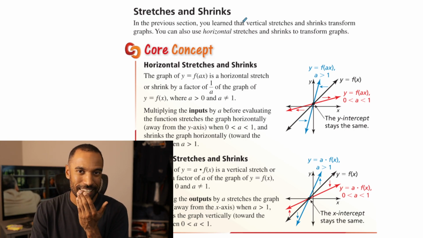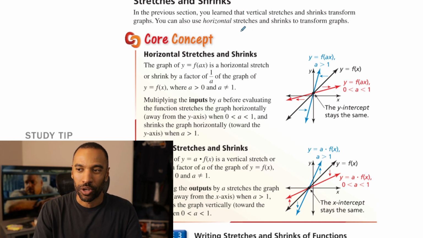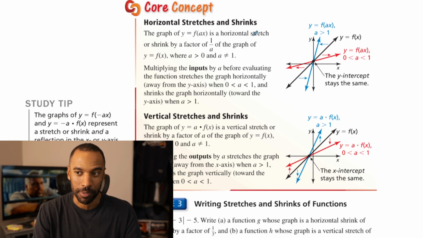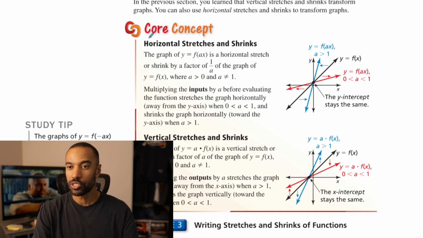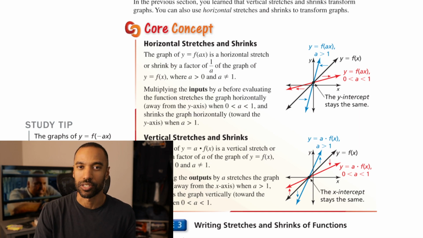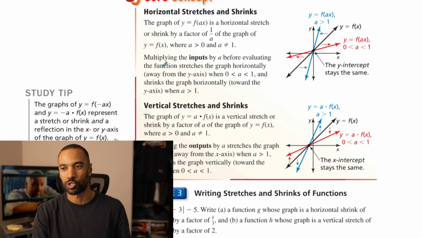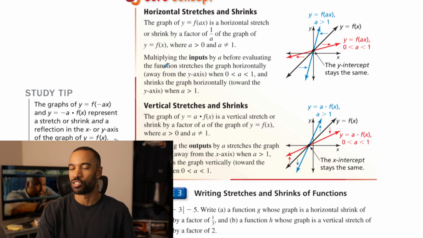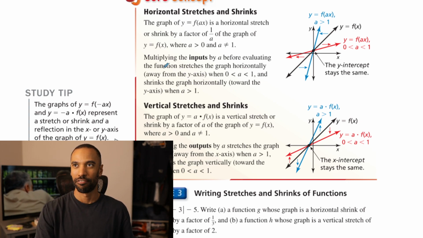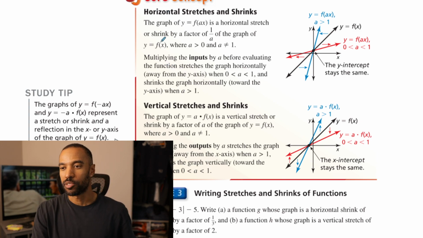I'm going to be right, but we got to see what they say as well. Because here's the thing. We talk about horizontal translations, so I think horizontal stretches and shrinks maybe have to be a part of it. It's just that horizontal translations can't turn into vertical translations for every function that's not linear. All right, let me skip horizontal for a moment.